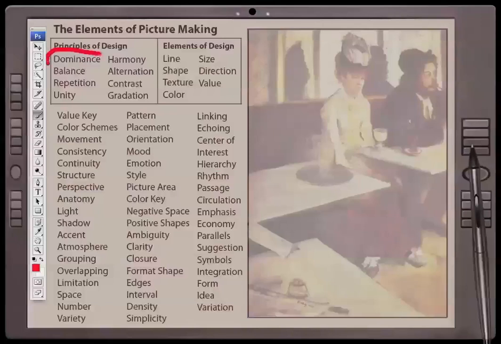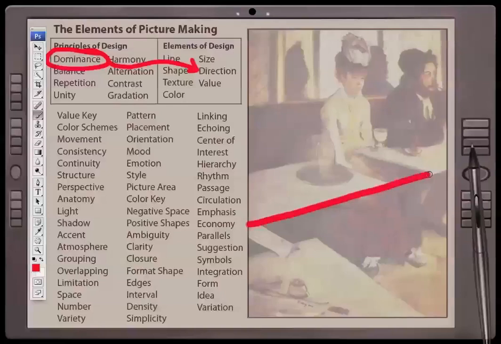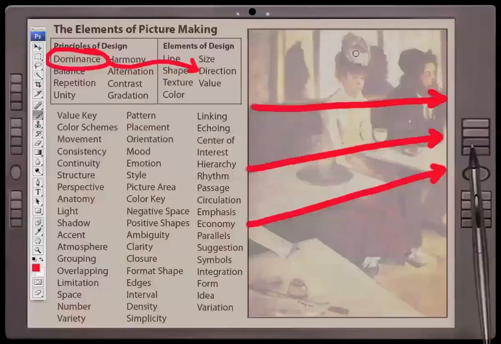Now, once again, I want to focus on dominance, and every good composition has a dominant direction. In this composition, the dominant direction seems to be the diagonal moving toward the right. And that movement toward the right is countered by a subordinate direction.